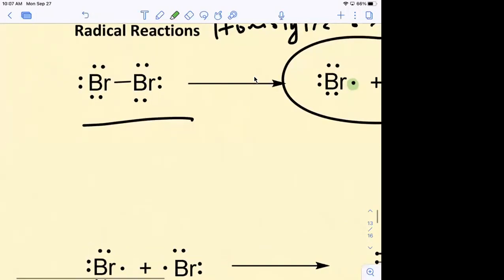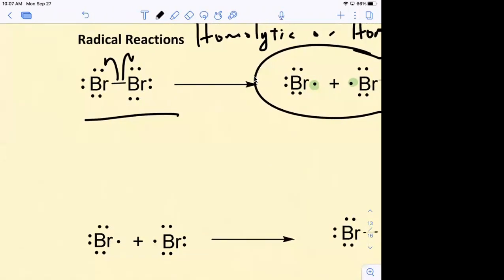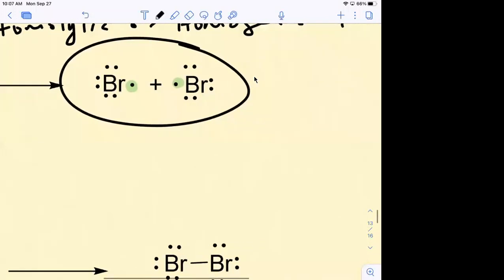Homolytically. That means that when I break it, each atom in the bond gets one electron, so that's why those two bromines look like that. These are, again, radicals.